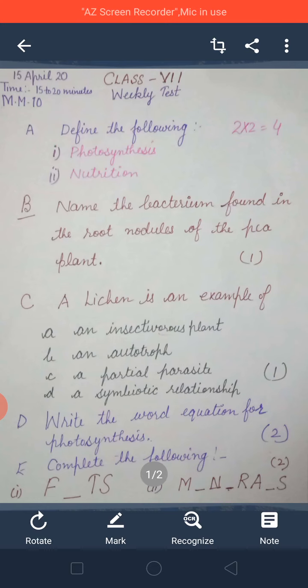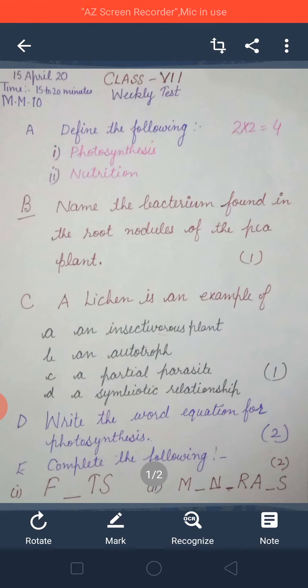D part, write the word equation for photosynthesis. Photosynthesis, as earlier also defined, has been asked. In the define we have discussed the plant needs carbon dioxide, water and sunlight.